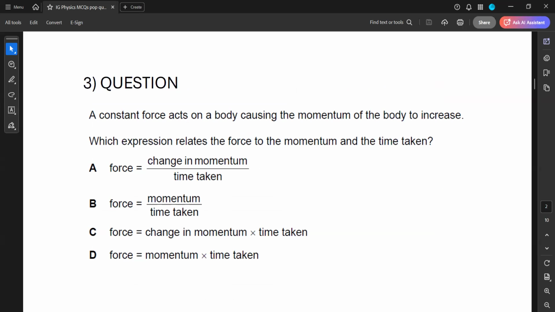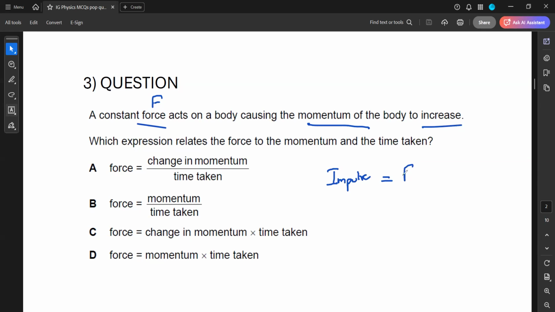Okay, doubt in question three for one student. I'll explain that. In question three, the question is a constant force acts on a body, which causes the momentum of the body to increase. There's a change in momentum or increase in the momentum. Which expression relates the force to the momentum and the time taken? We know the change in the momentum, or impulse, because the impulse is also called the change in momentum.